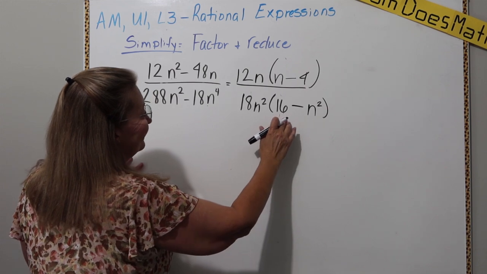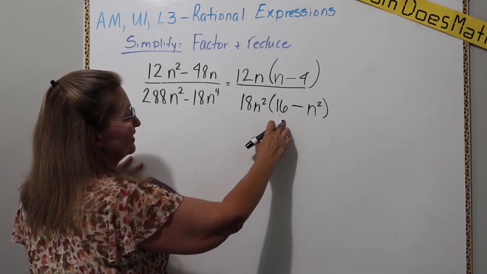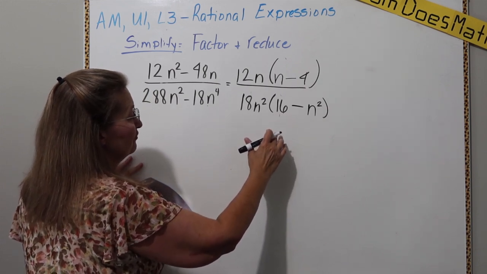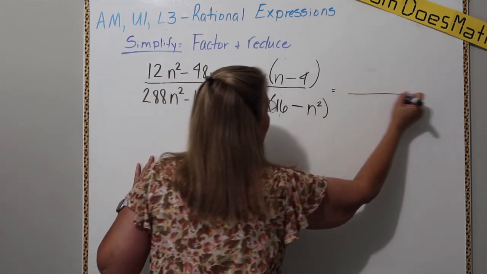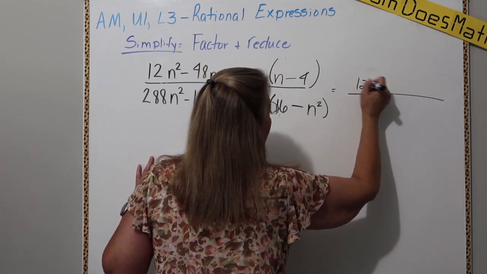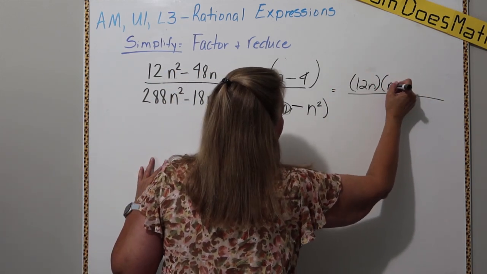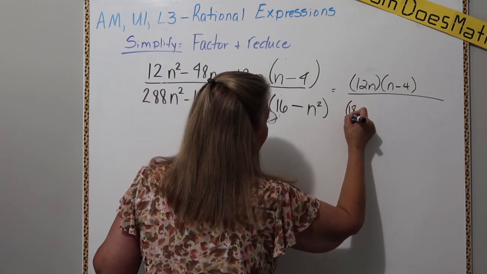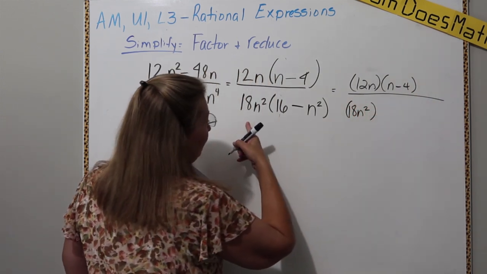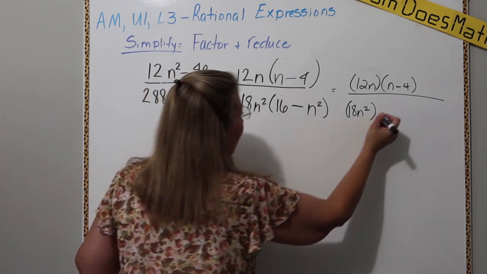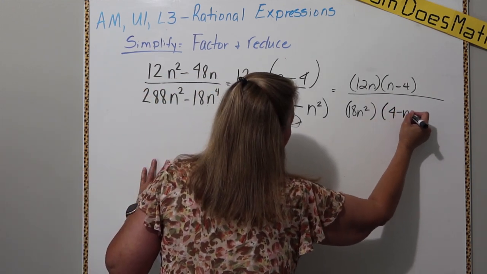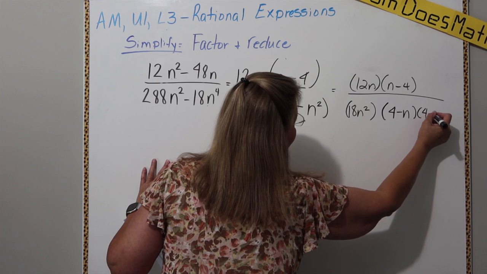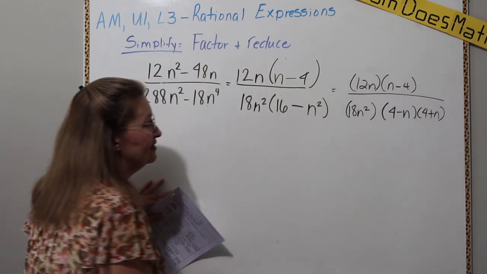Now, when I look at this binomial, I see that I still have a difference of 2 squares. So let me come over here. I'm not going to change anything in my numerator. I'm not going to change anything with my first factor, but I am going to factor this as a difference of 2 squares so that it is 4 minus n, 4 plus n.